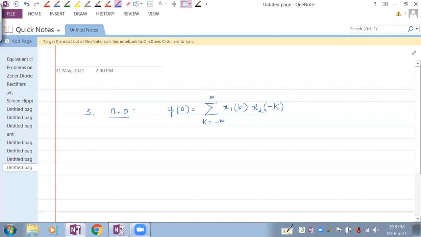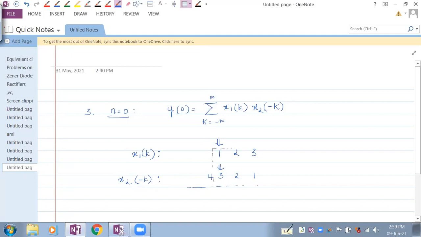Understand that? Now, in this equation, x1 of k we shall draw. x1 of k is 1, 2, 3 with this as 0th sample. x2 of minus k is 3, 4, 2, 1. Now how many samples are overlapping?